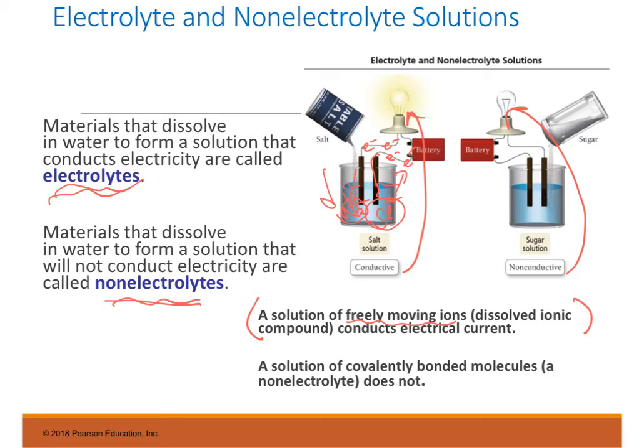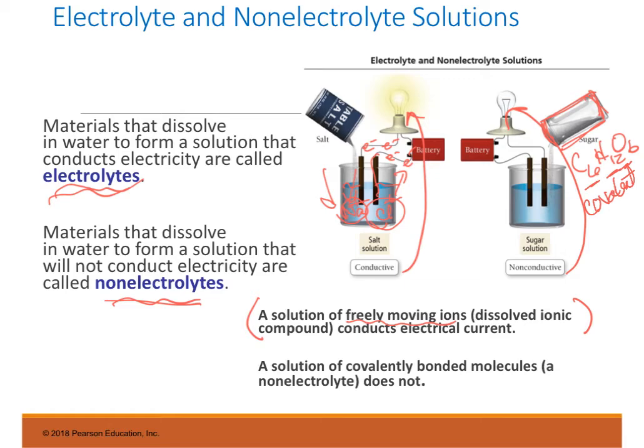If you have a solution that is not made up of an ionic solute, so it has no ions in it, sugar's a really good example. Glucose sugar is C6H12O6, a covalently bonded molecule with no ions in it.